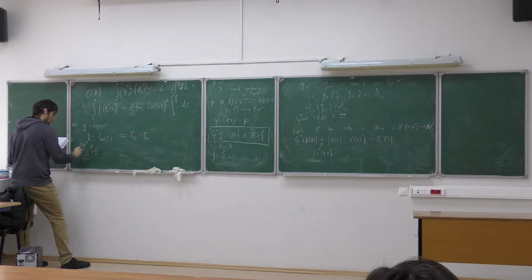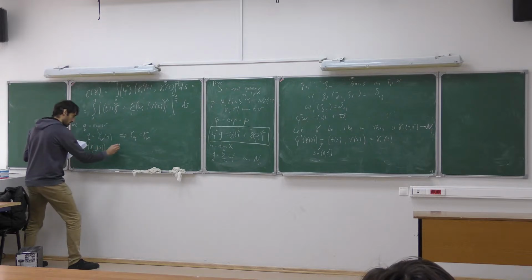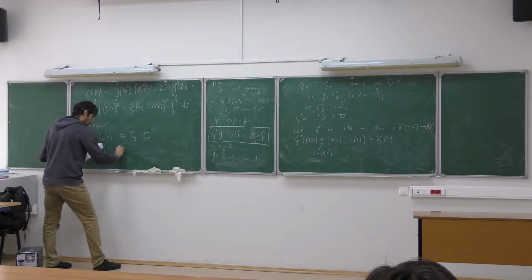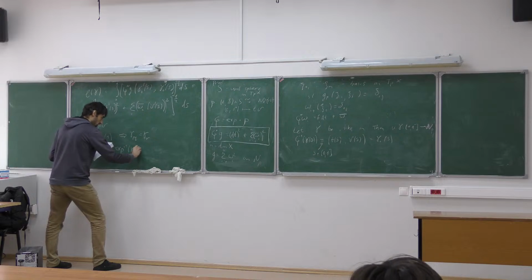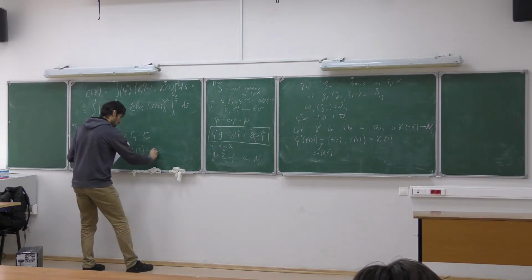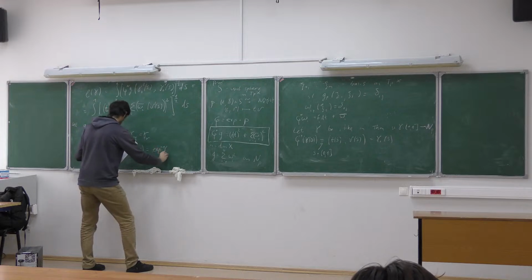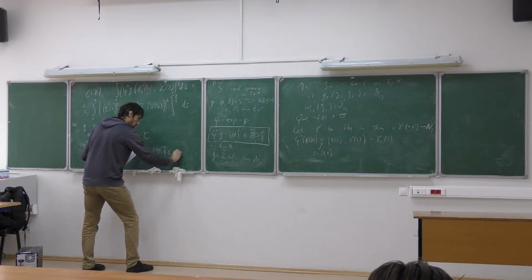So first I have to apply X_P inverse of S. So this is the same as X inverse of gamma V of S. So this is the same as X inverse of gamma SV of 1.